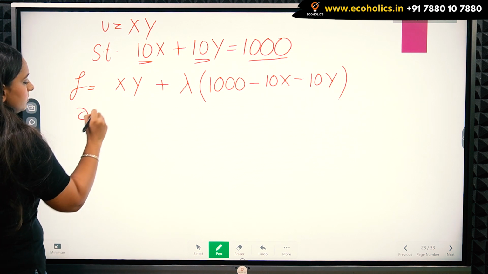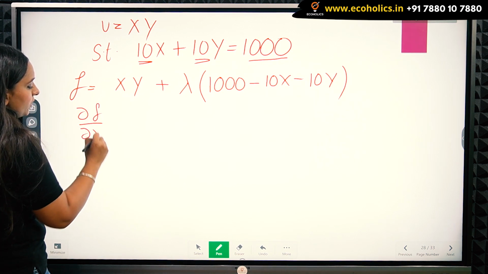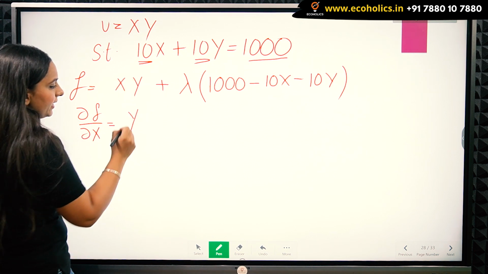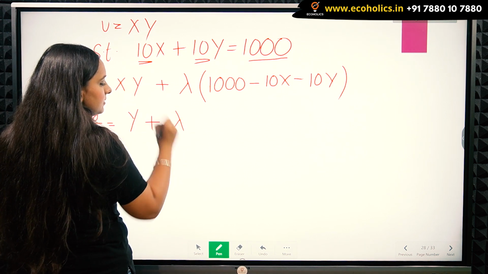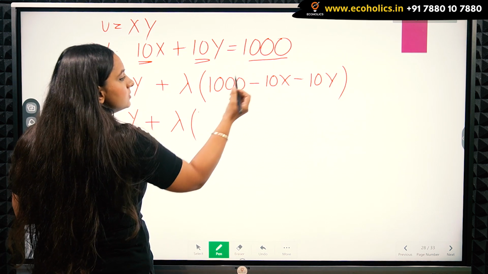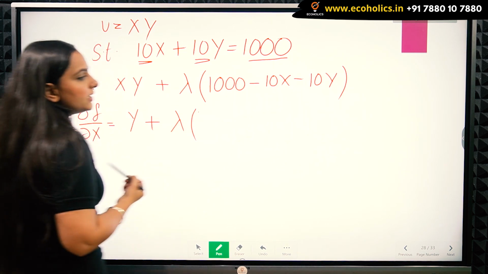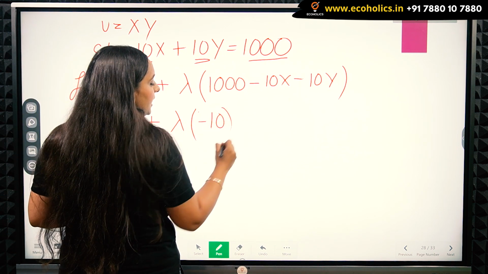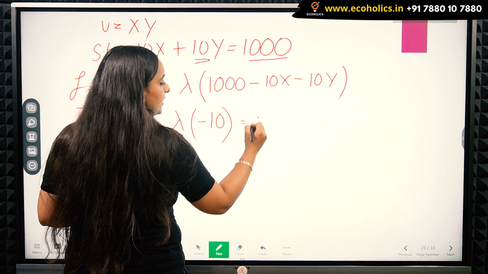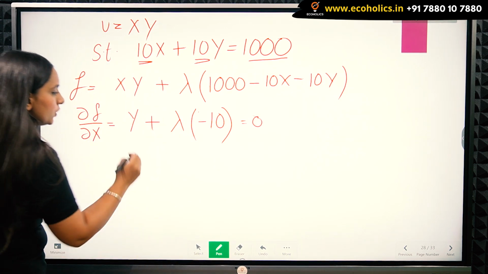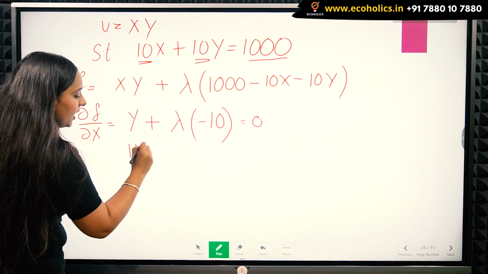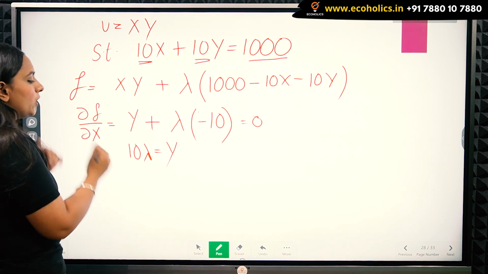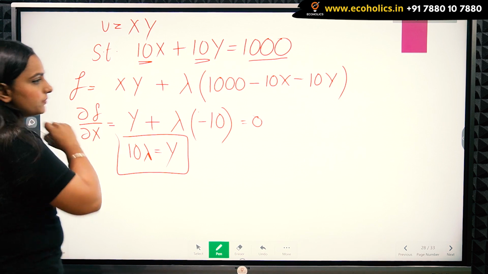I get y plus lambda times, differentiating with respect to x, minus 10, that's the coefficient of x. Let us put it equal to 0. So I get 10 lambda equals y. This is the first condition I have got out of this. So let us mark it.